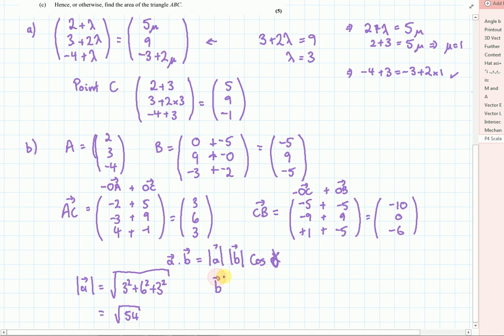Modulus of B is going to be the square root of minus 10 squared plus 0 squared plus minus 6 squared, which is going to be the square root of 164.